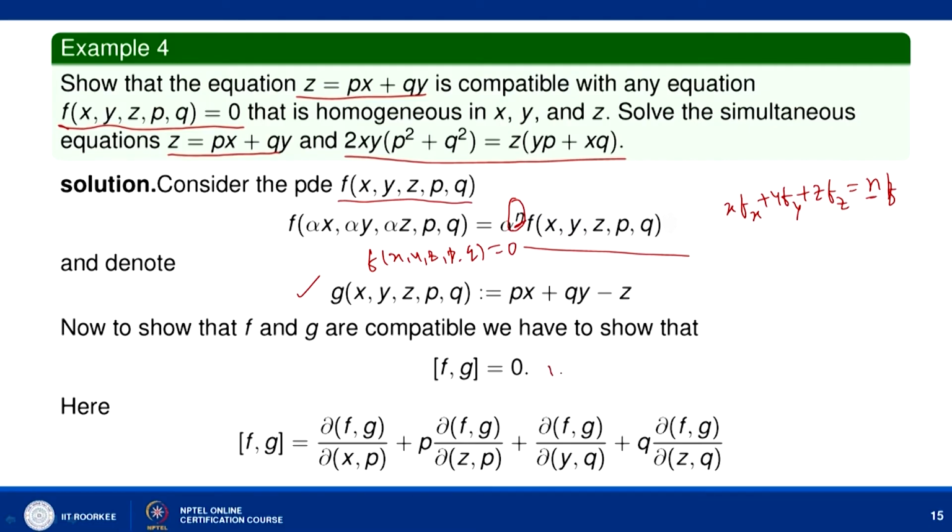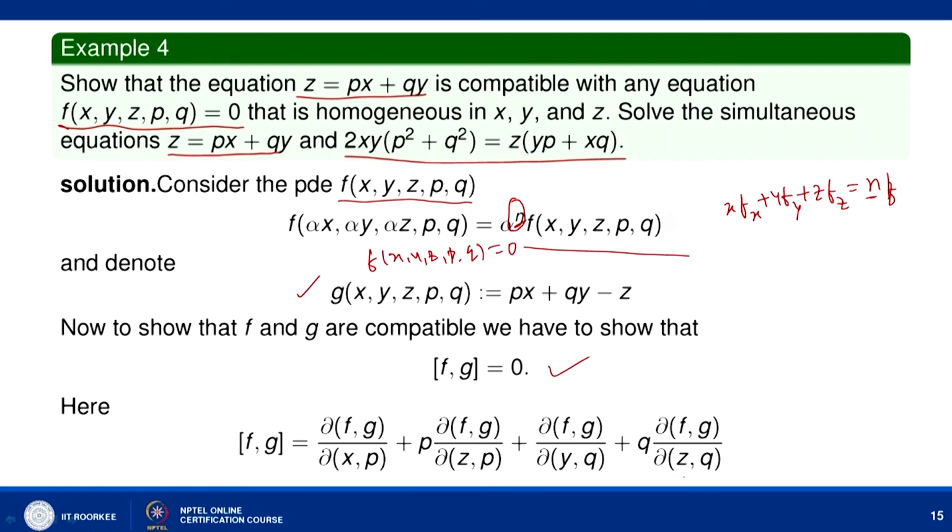So, let us look at the bracket fg and try to show that it is equal to 0. Now look at the bracket fg here: it is the Jacobian of fg with respect to xp, plus p times the Jacobian of fg with respect to zp, plus the Jacobian of fg with respect to yq, plus q times the Jacobian of fg with respect to zq.